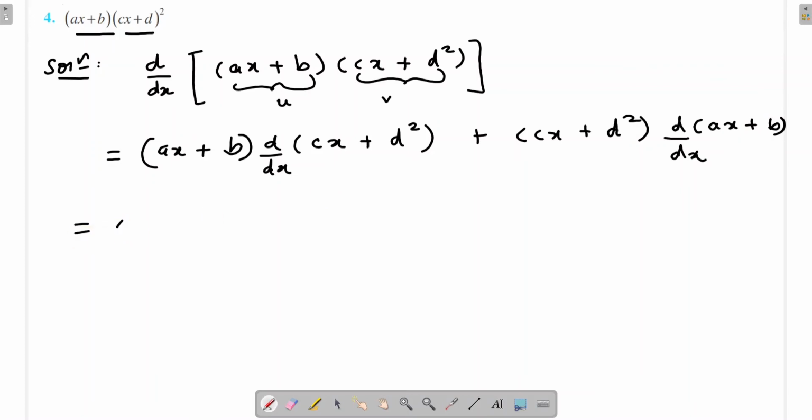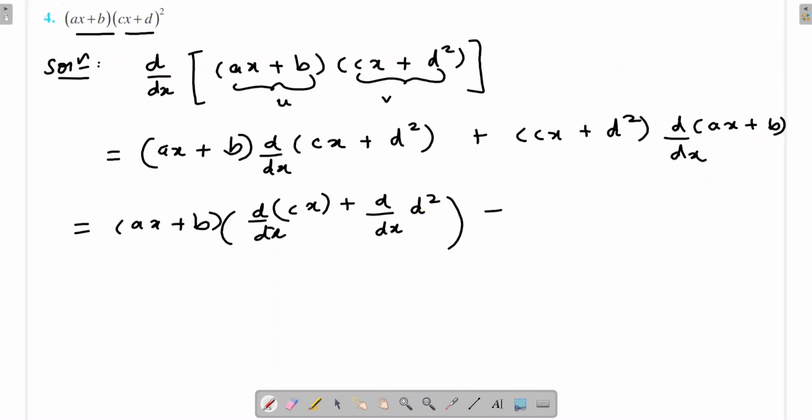So this will be equal to what? ax plus b, then the derivative of cx, plus the derivative of d square, where d is a constant, so d square is a constant, then plus cx plus d square. Now the derivative of ax plus the derivative of b, that is a constant.